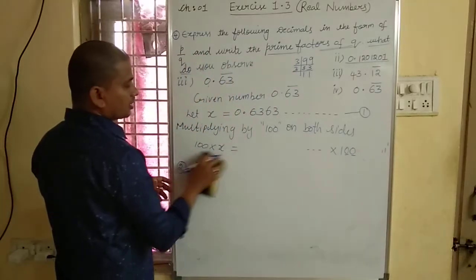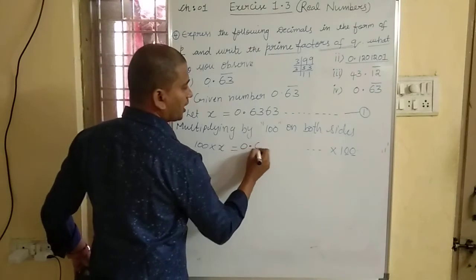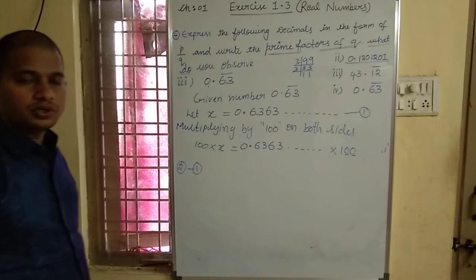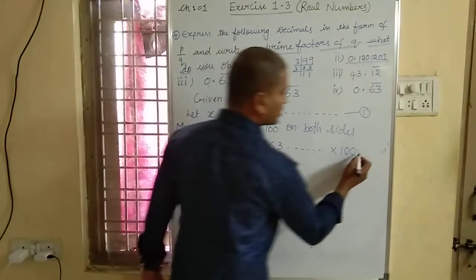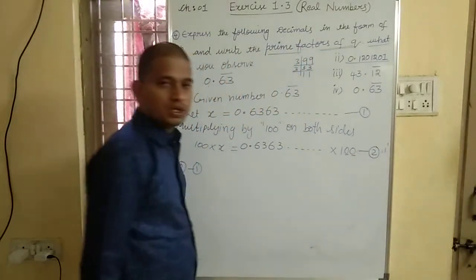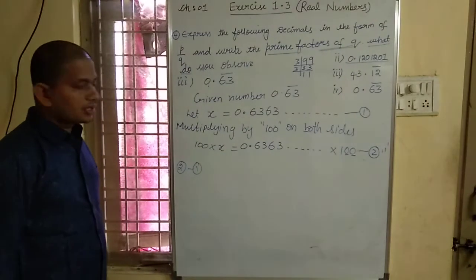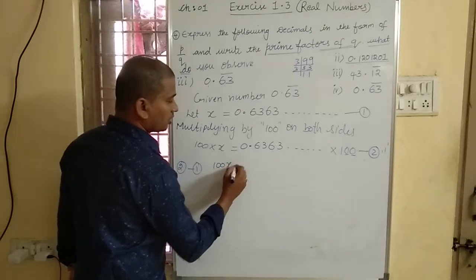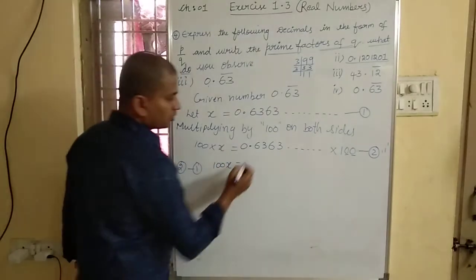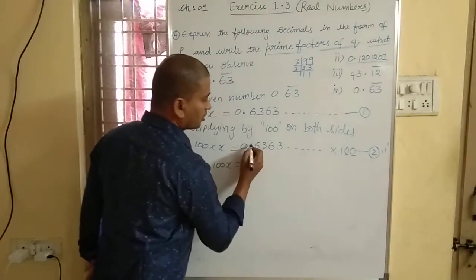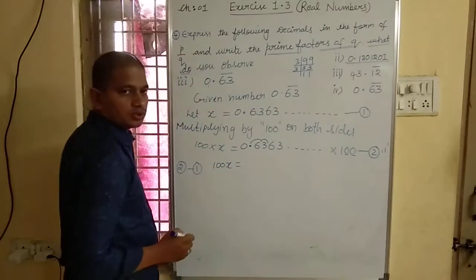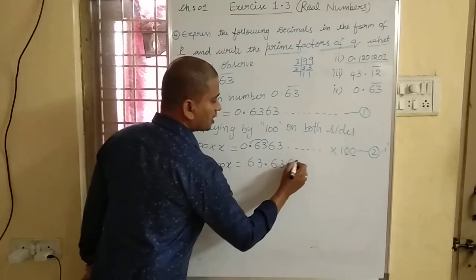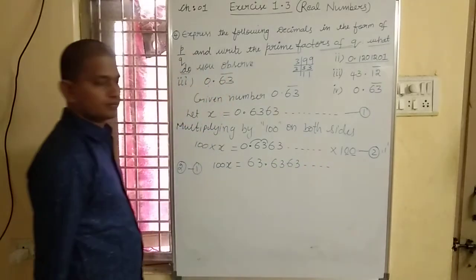So what will happen? 100 into x is equal to 0.6363 and so on, into 100. And this is our equation number 2. Again the same procedure: subtract 2 minus 1. 100x equal to, we are multiplying by 100, shifting the decimal 2 digits towards the right-hand side, 63.6363 and so on.